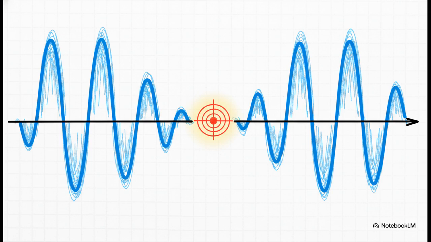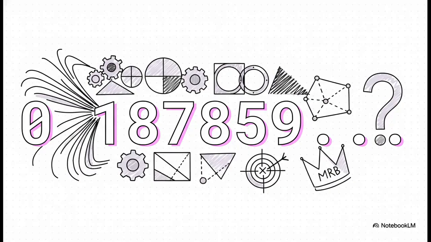The jumps get smaller and smaller and smaller. The sum doesn't fly off to infinity or just bounce around forever. It slowly, steadily converges on a single stable point. And that final destination, that precise point where this infinite dimensional tug-of-war finds its perfect balance, well, what do you know? It's our mystery number, the MRB constant.